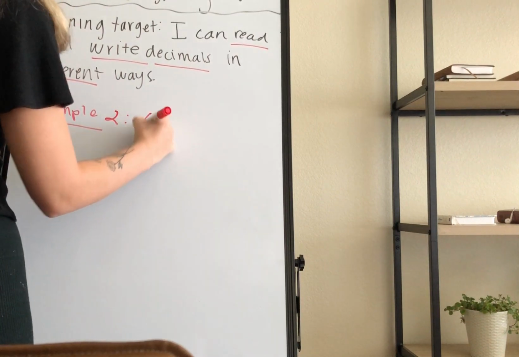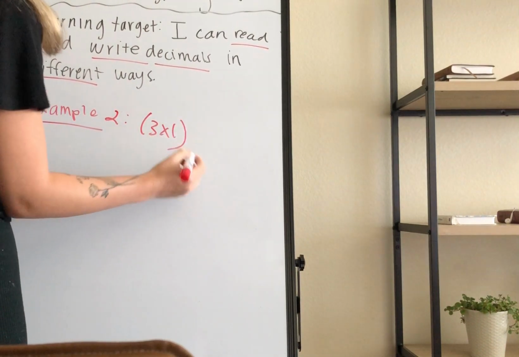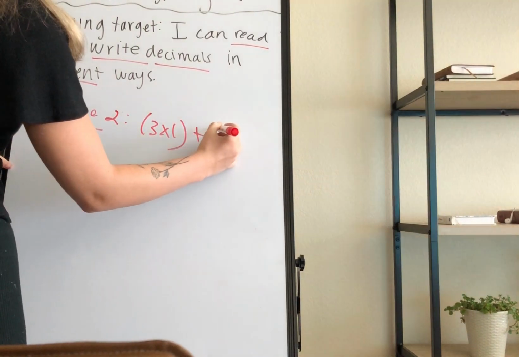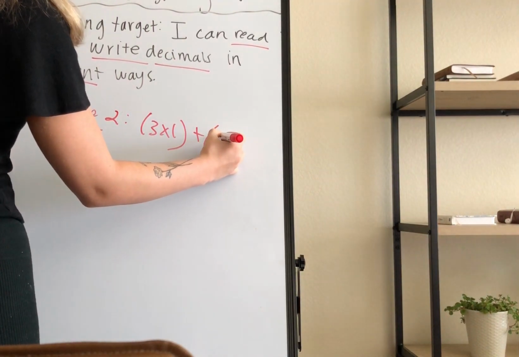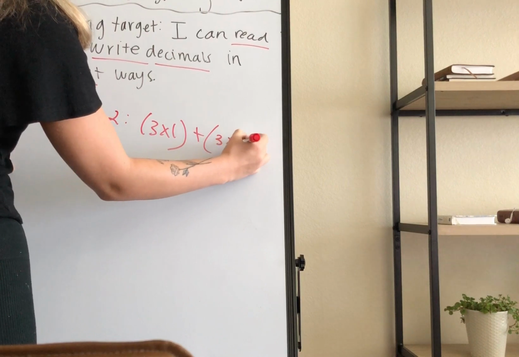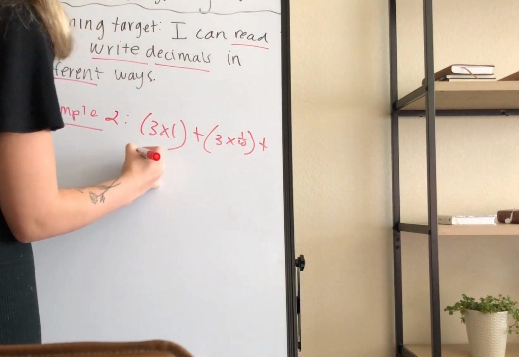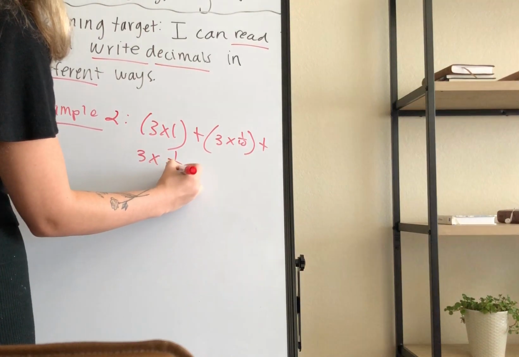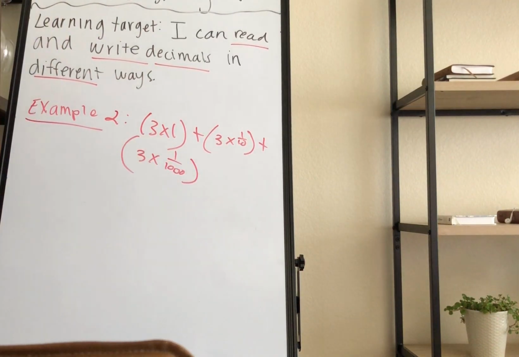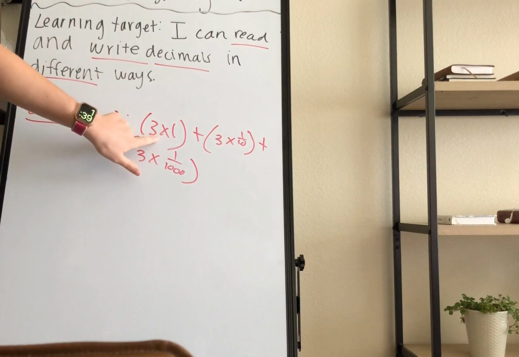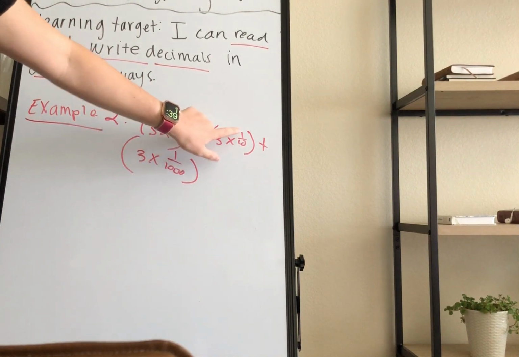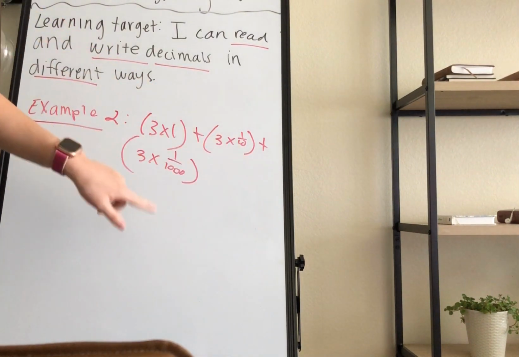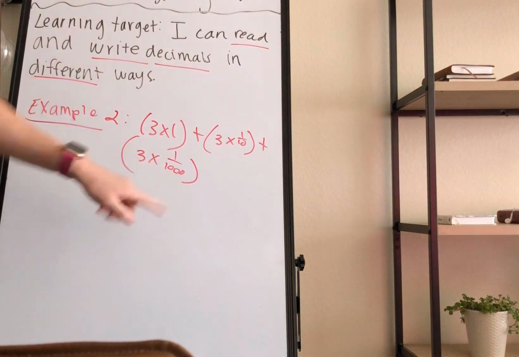Okay, so this is expanded form again. This says 3 times 1 in parentheses plus 3 times 1 over 10 in parentheses plus 3 times 1 over 1,000 in parentheses.